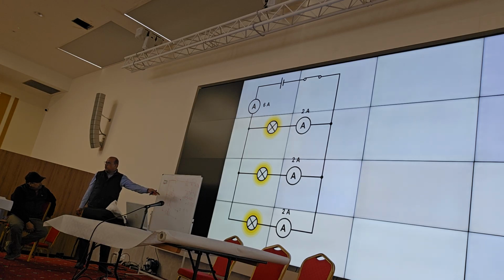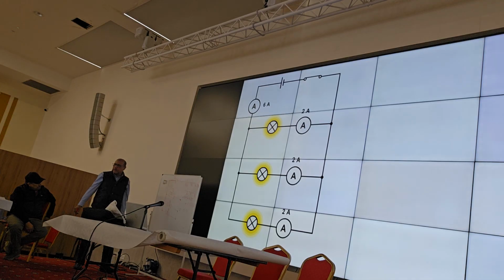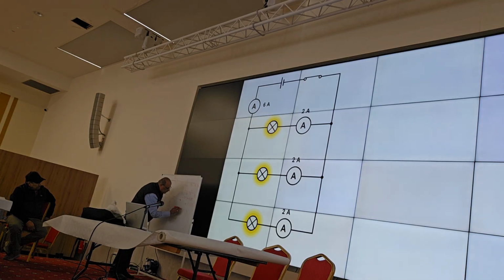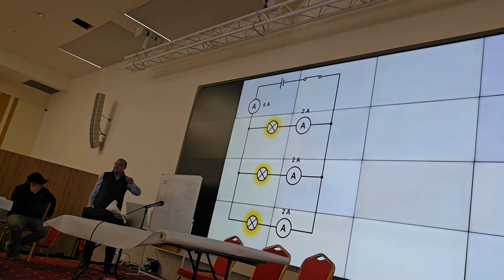I'm just doing approximate values. 0.5 plus 0.25 is 0.75. 0.75 plus 0.125 is 0.875, which is approximately 0.9. So this is 1 over R total, and I need to find the total resistance.